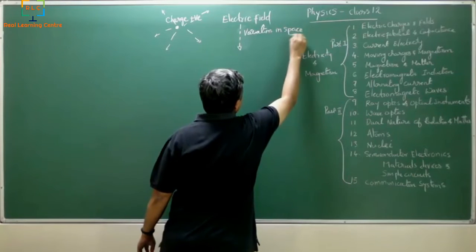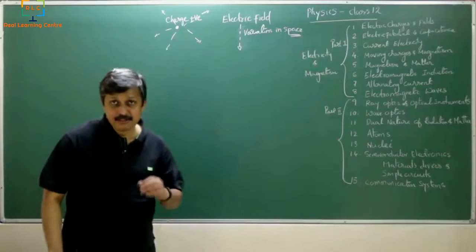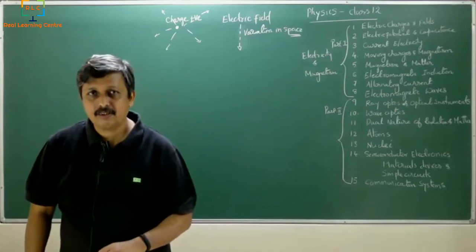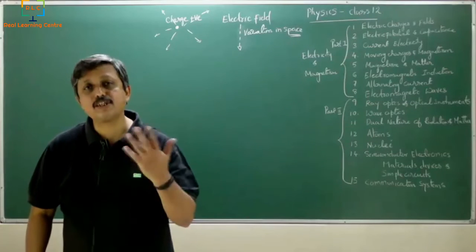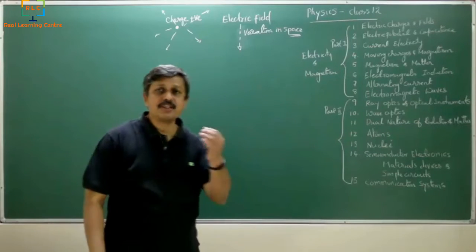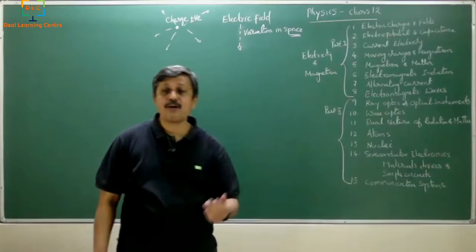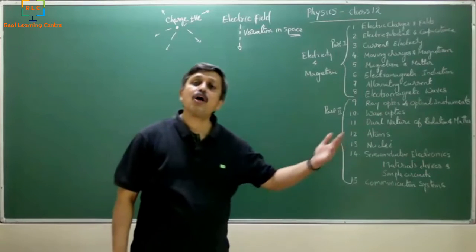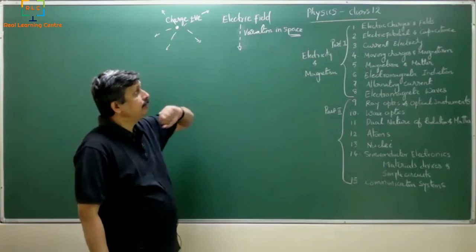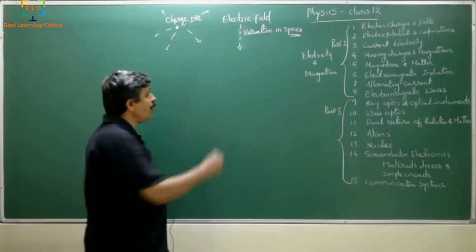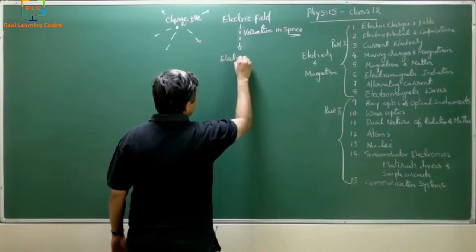I'm going to underline the word space, which means it may not be varying in time. It may be varying in space, which simply means at one point in space it has a certain value, and at another, neighboring point, it has a different value, and so on. That is called value changing in space. So its variation in space gives rise to what we call electric potential difference.